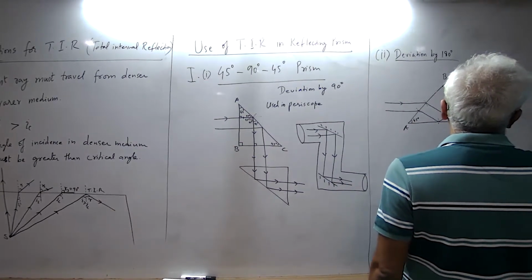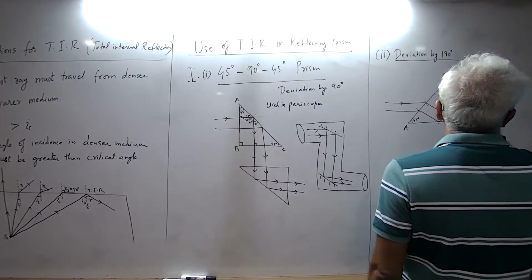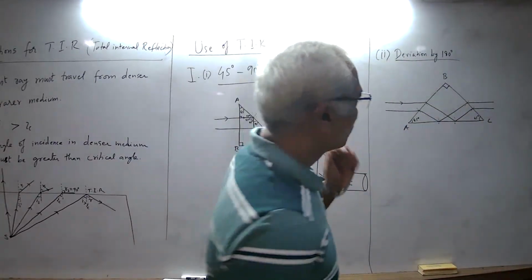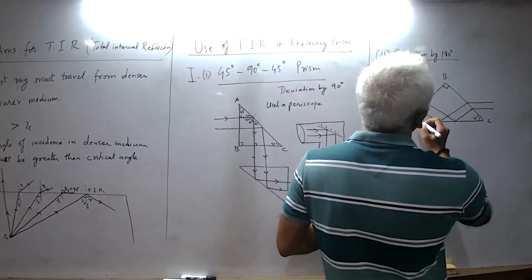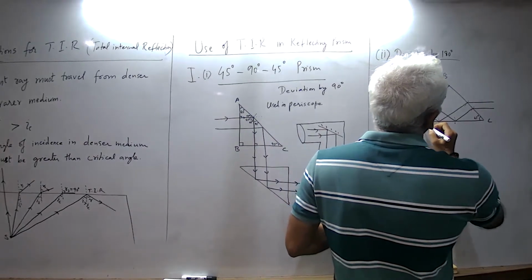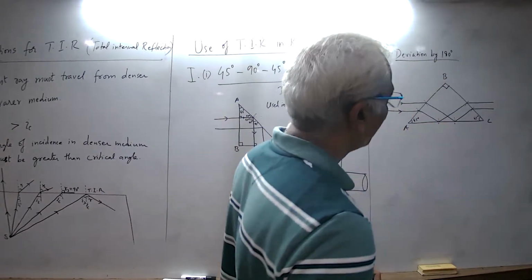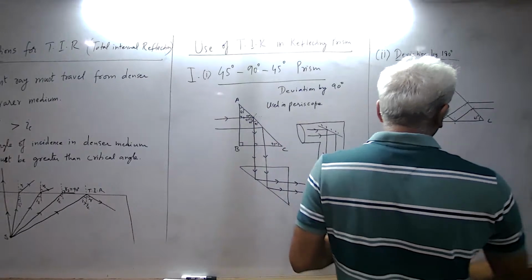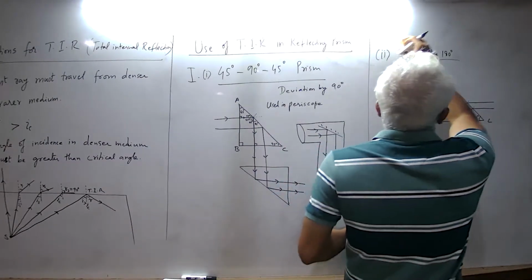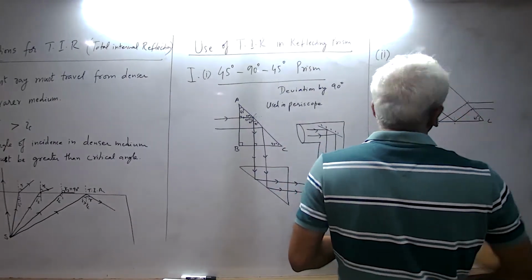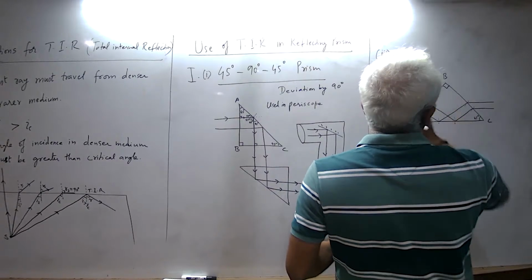This is what is happening. Okay, so what is the deviation now in this case? Oh, I made a mistake here. It's not deviation by 180. It's the third case in the book.